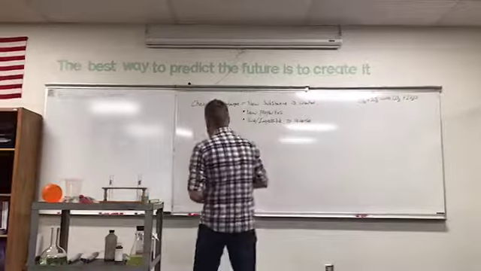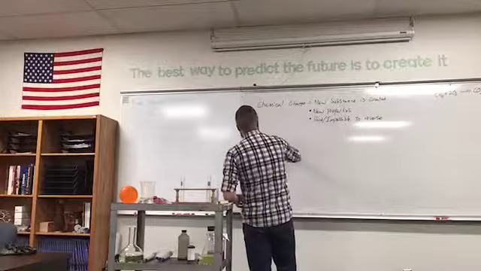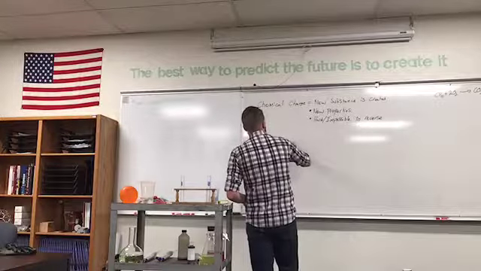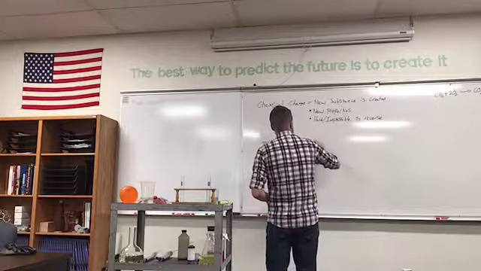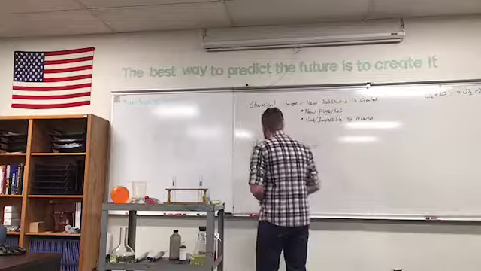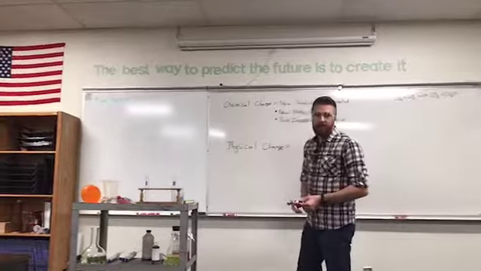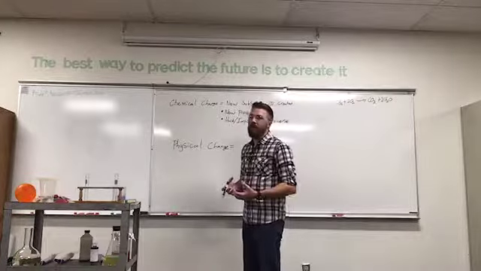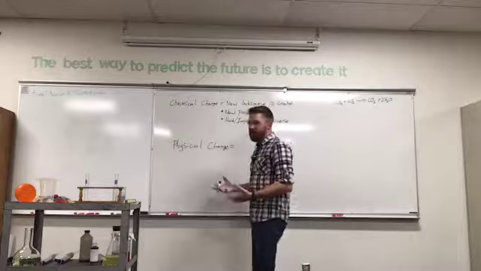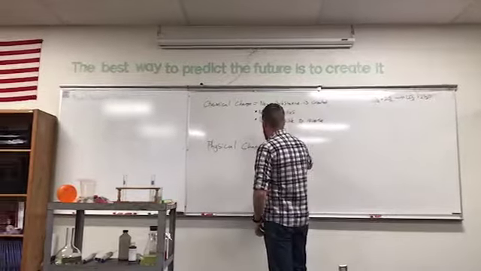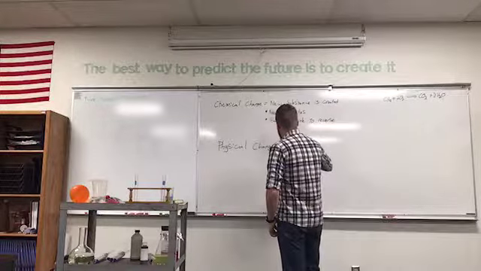The other type of change we can have is a physical change. In a physical change, the substance might look different, but no new substance is made. So it might look different.